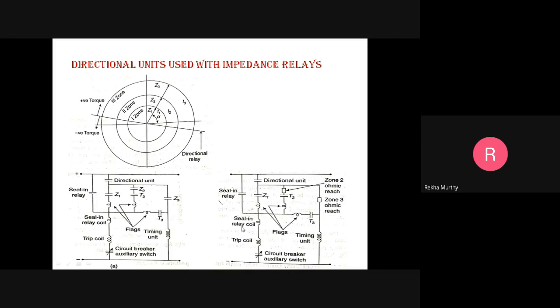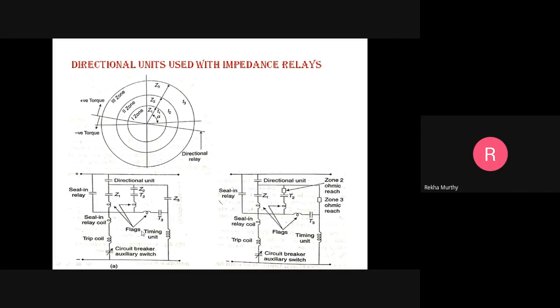That's it. This indicates how you're going to make use of a directional unit in series with the impedance relays. These are the components of an impedance relay which you're going to make use of when you're considering the three zones Z1, Z2, Z3. In addition to Z1, Z2, Z3, what additional elements do we have to make use of?